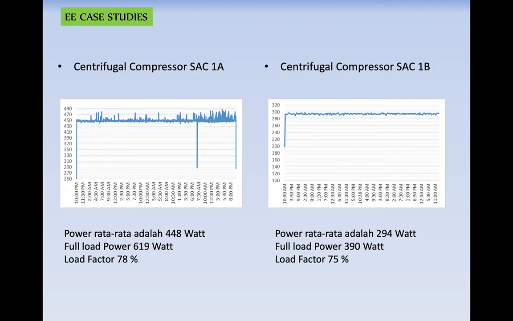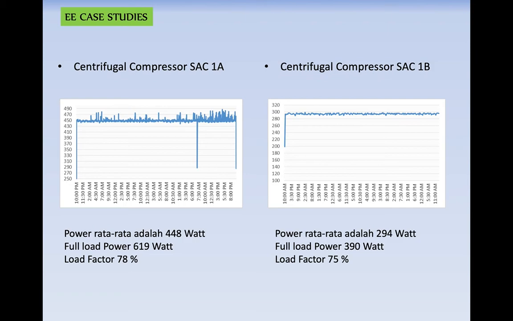From the graphic you can see that the electric consumption of this compressor is operating within a certain range of power. As you can see, the average power consumption in centrifugal compressor SEG1A is around 448 kilowatt, with full load power of about 690 kilowatt.